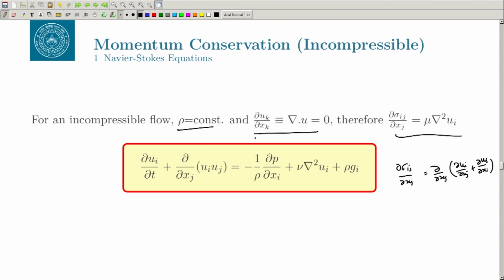Okay. And if you work that out, and you take all three components, you will get del 2 u i by del x square plus del 2 u i by del y square plus del 2 u i by del z square, right. Which is nothing but del square u i. Okay.